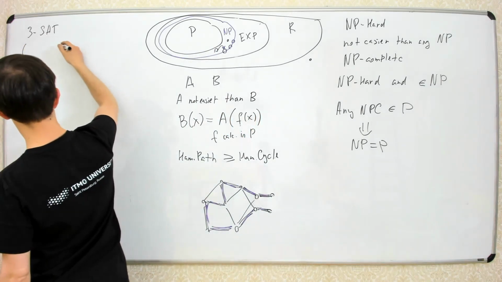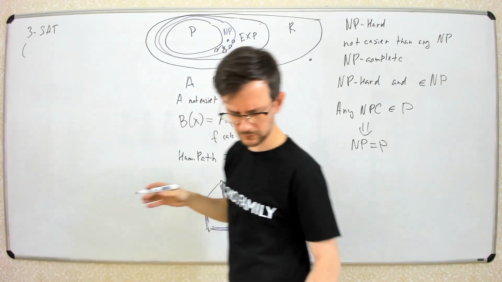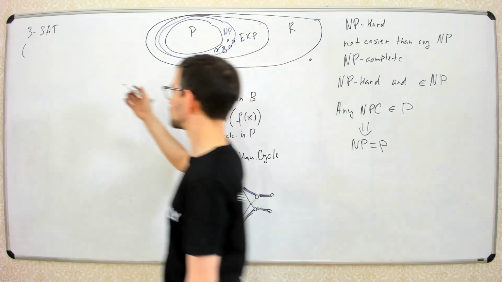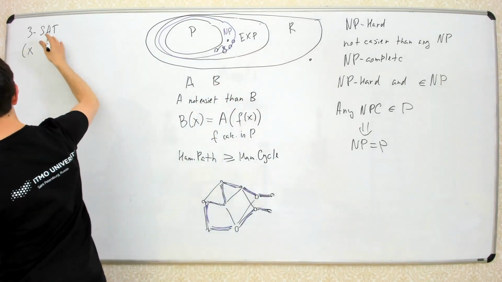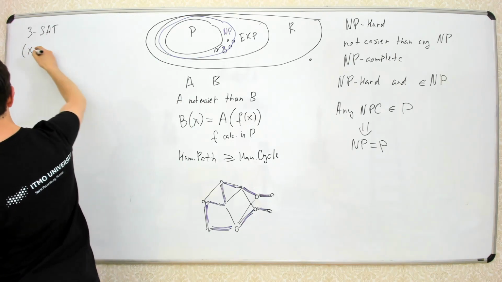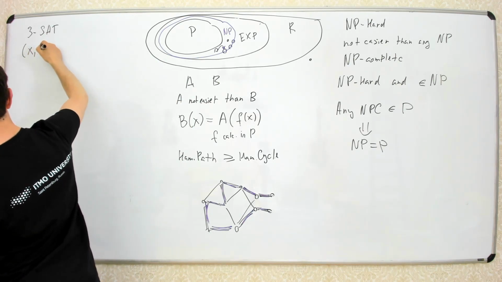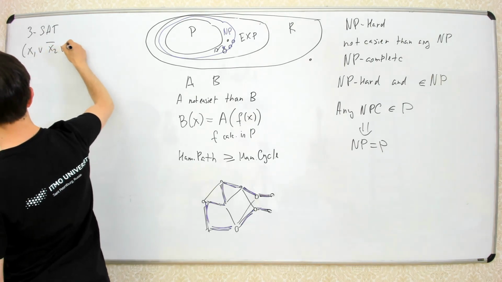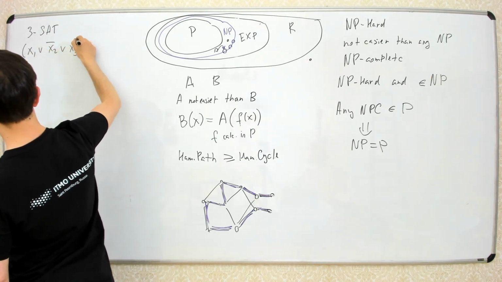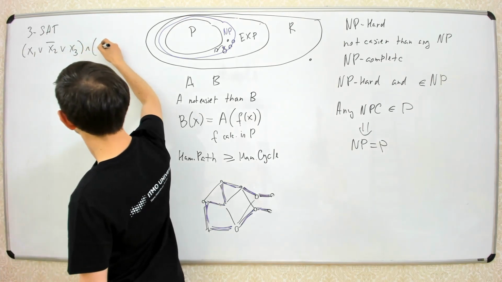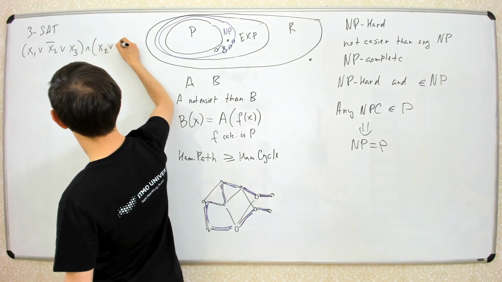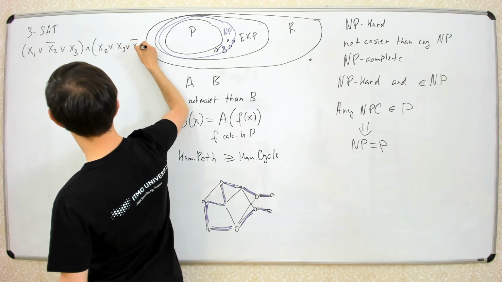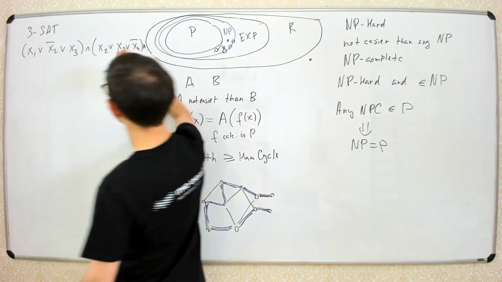So the formula looks like this. You have a number of brackets. In each bracket you have something like this: x1 or not x2 or x3, and in the next bracket you have something like x2 or x3 or not x4, and that's all.